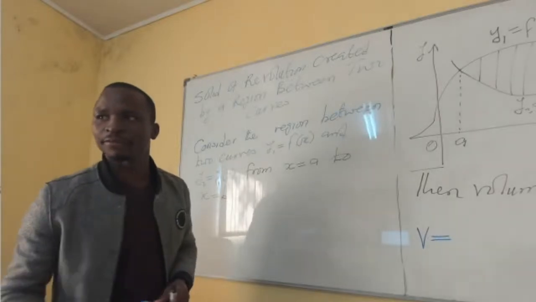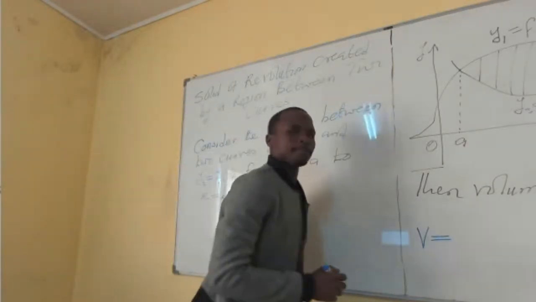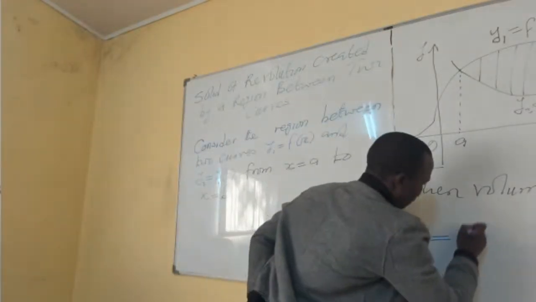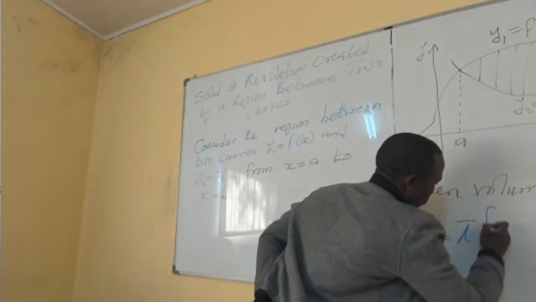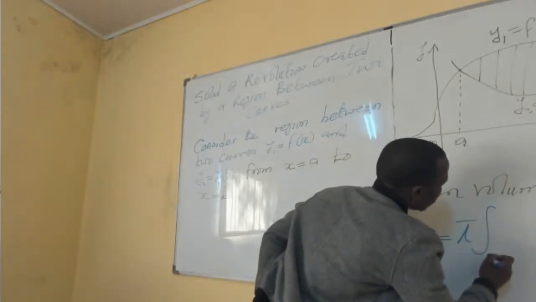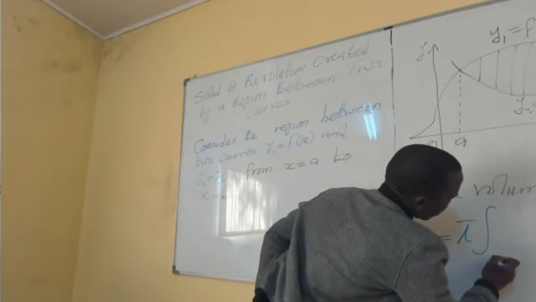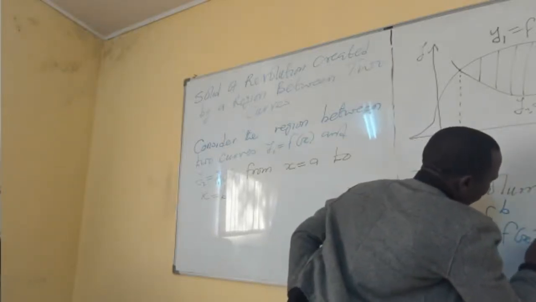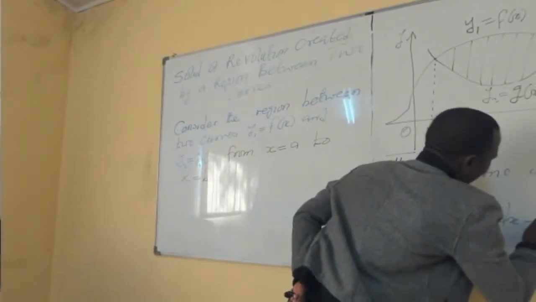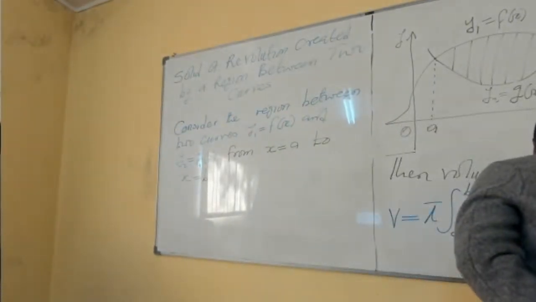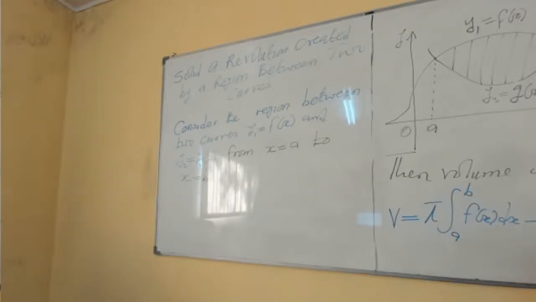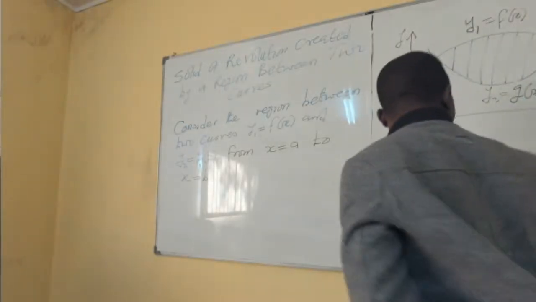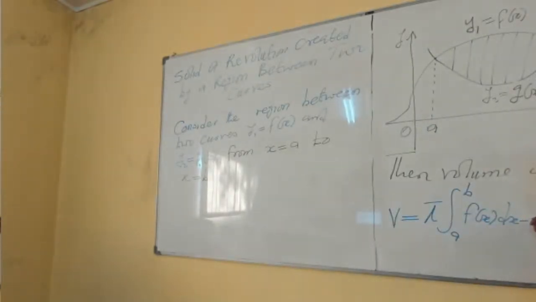So the volume of revolution of this region is just equal to pi multiplied by the integral from a to b of f of x dx minus the integral from a to b of g of x dx. Oh, sorry, it's supposed to be minus pi.